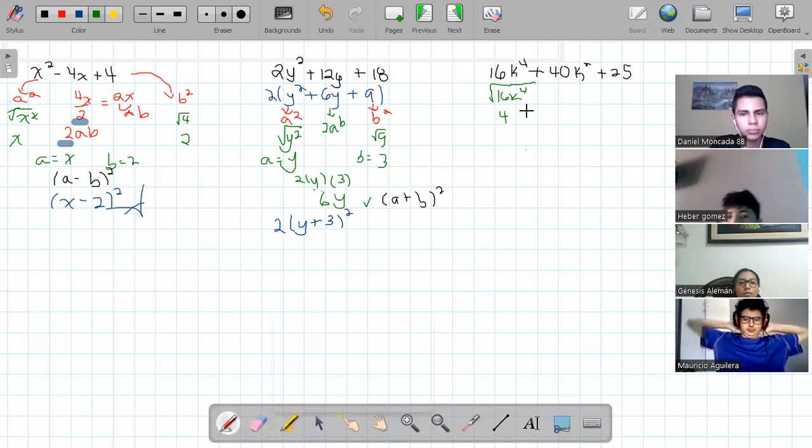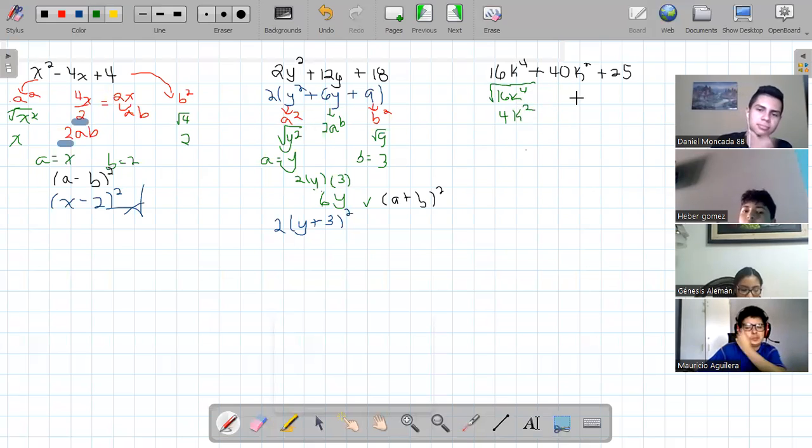What is the square root of k to the 4th power? Remember, when we did power of a power, we multiply. When we do a square root of an even number, we divide. So 4 divided by 2 is 2. So the square root of 16k to the 4th power is 4k squared.